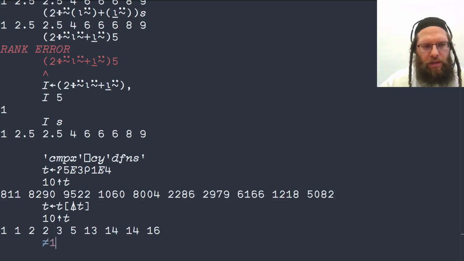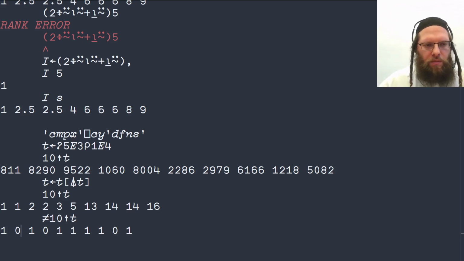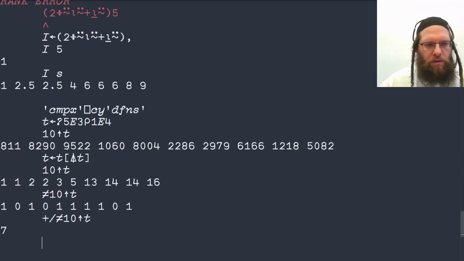So if we try this on the first 10, it indicates with a 1 every time we have a unique number for the first time, and then with a 0 for any duplicates of that, which means that the sum of this is going to be how many unique numbers we have. So this is the plus reduction. We get that there are 7 out of these.